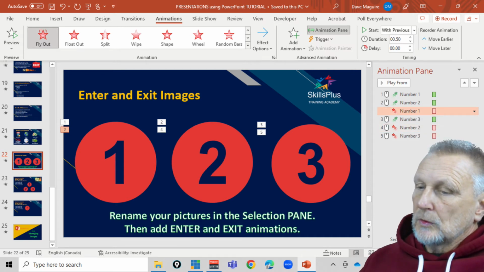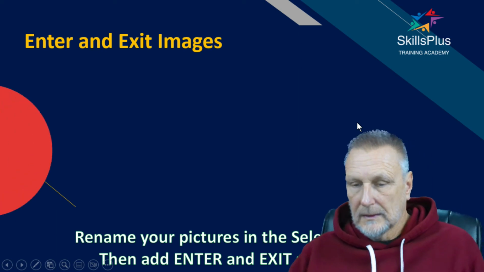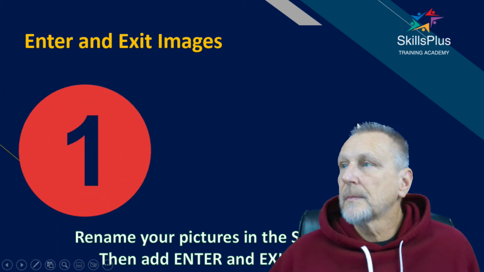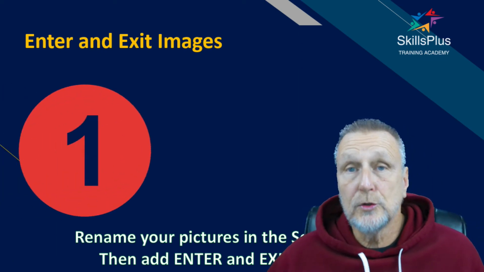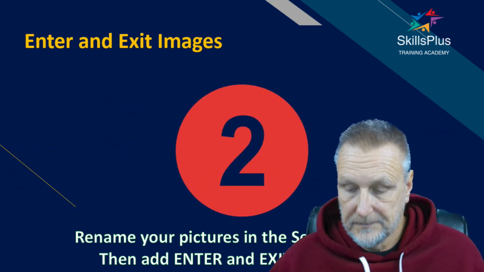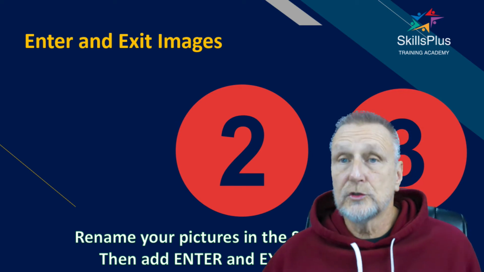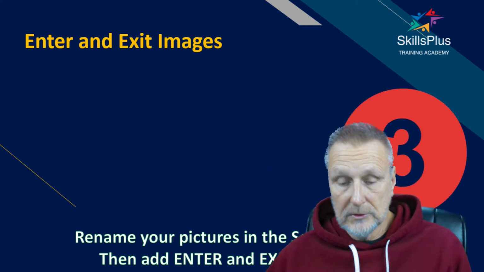So we have now told number 1 to leave when number 2 comes on. Let's test that. Number 1 comes on. So with my next click, 2 should come on and 1 should leave. And it does. We haven't finished it. We didn't get 2 connected to 3 yet, so we'll do that now.